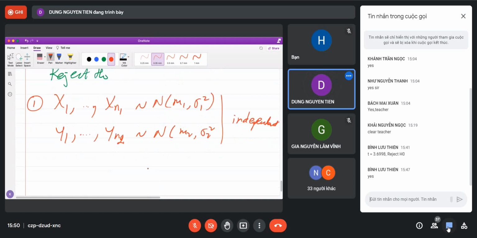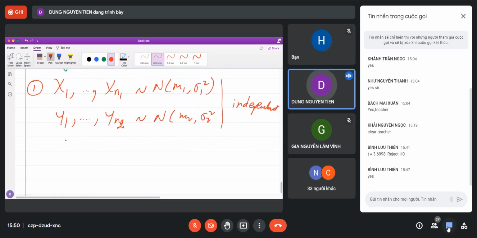So you get the xi and the yi, and you want to compare the mean values of the two groups. Let's consider one example, and we will learn things through that example.